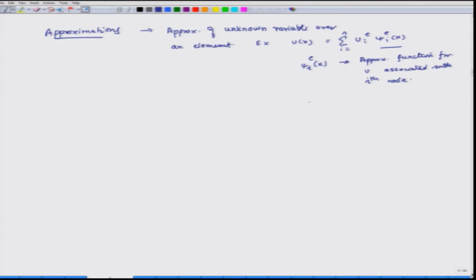And then u_i is the value of u(x) at ith node.